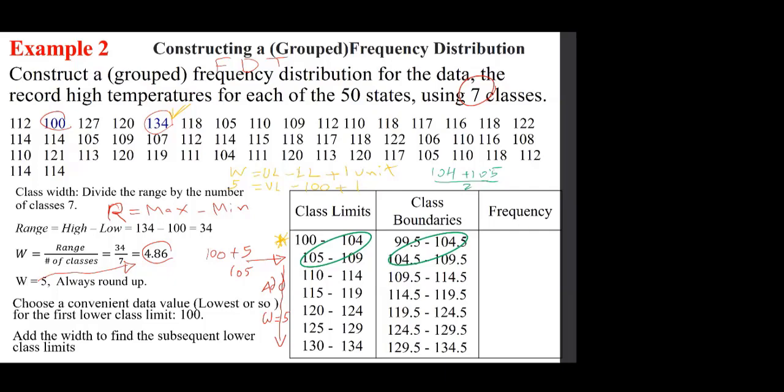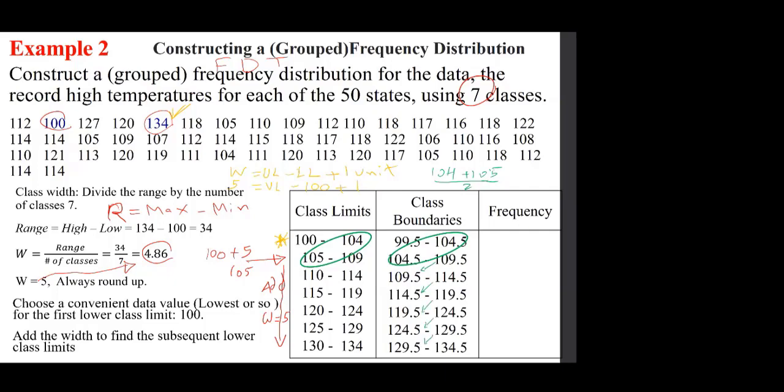What about the rest? Very simple. Add the width. All of them, just add the width. For the lower boundary of the first class, subtract 5. So notice these two are the same, these two are the same.